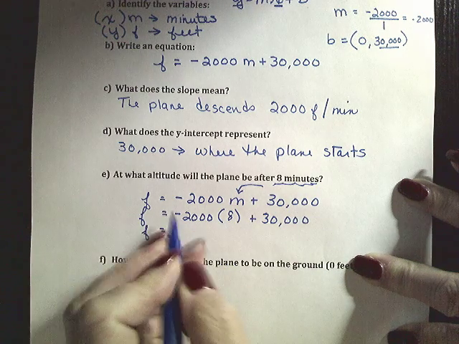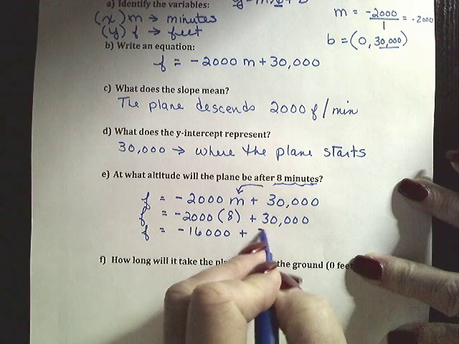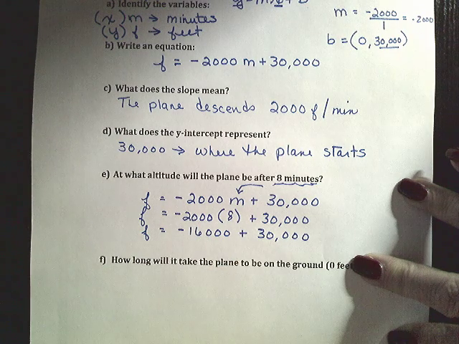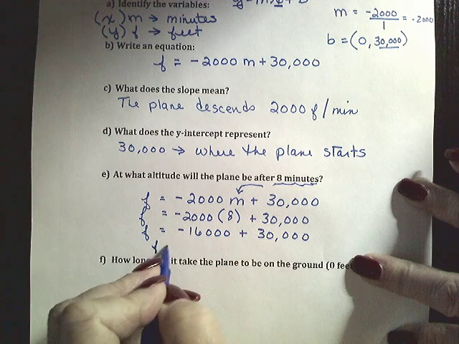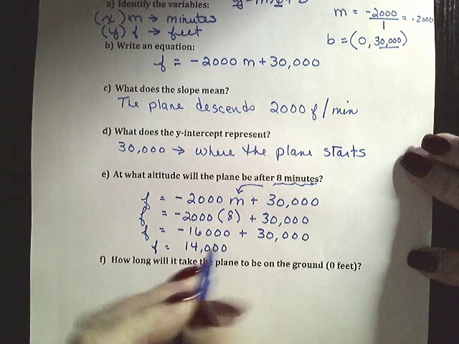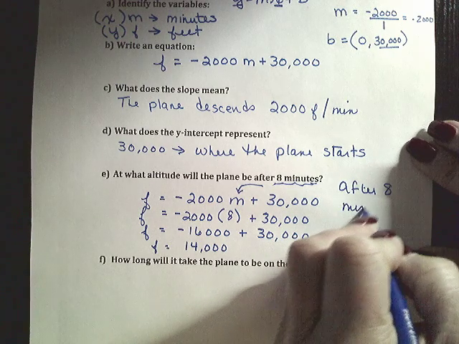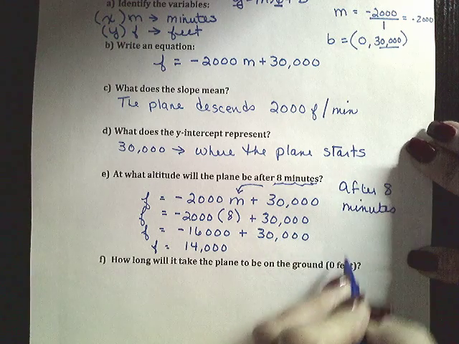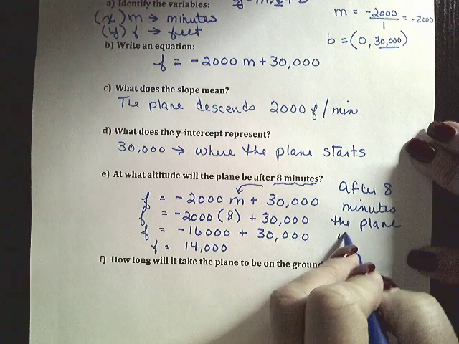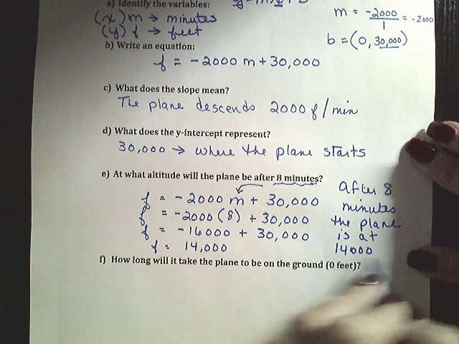F is going to be equal to negative 16,000 plus 30,000. F is going to be equal to 14,000. So after 8 minutes, the plane is at 14,000 feet.